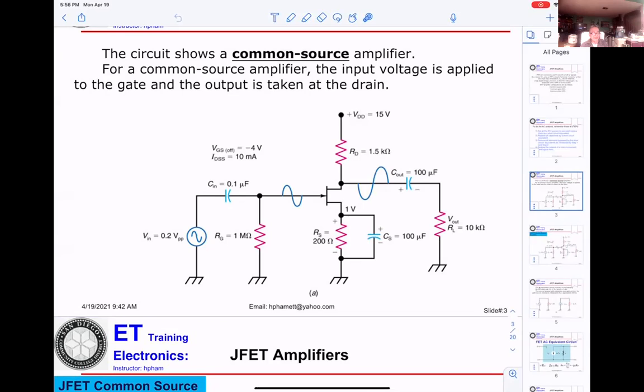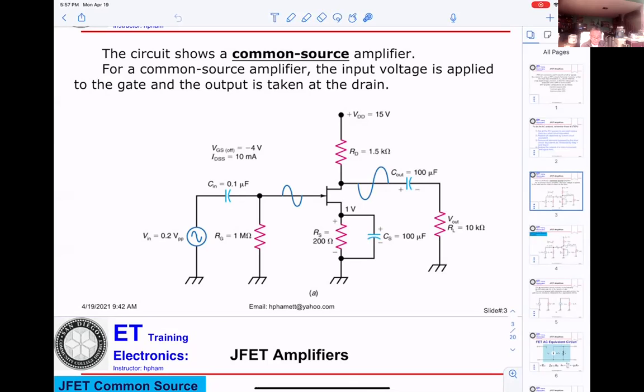For this circuitry here, what bias for the JFET will be used for this circuit? Is it self-bias? Self-bias. Exactly, self-bias.